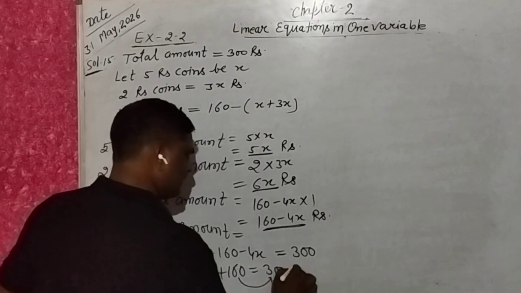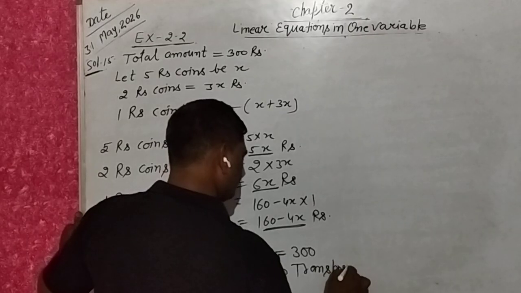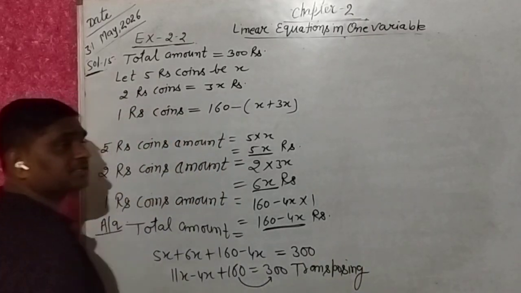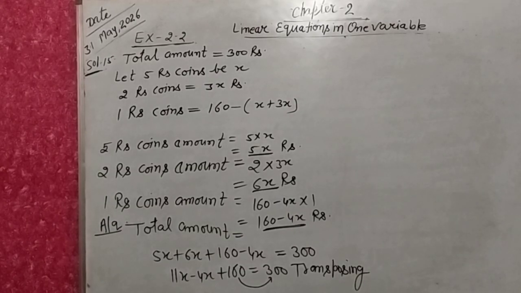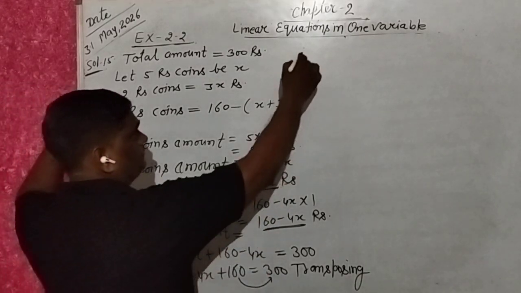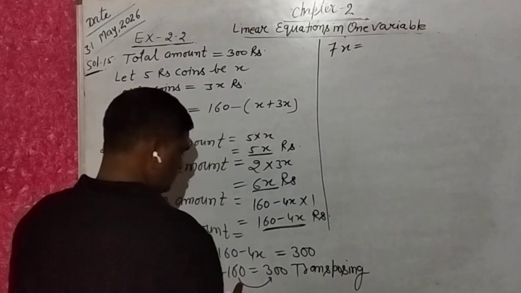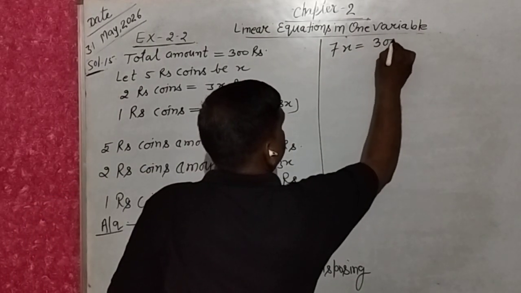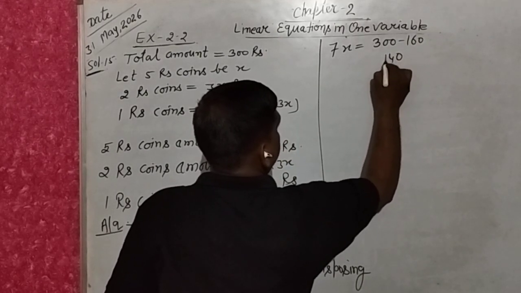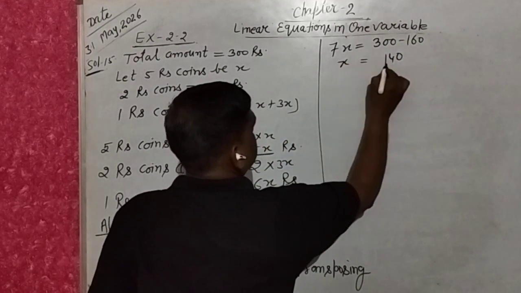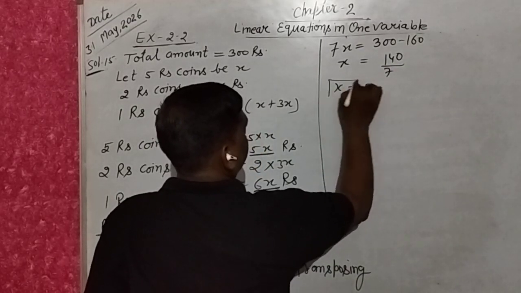If you transpose here, 11 minus 4 is equal to 7. 7x is equal to 300 minus 160, that is 140. x is equal to 20.